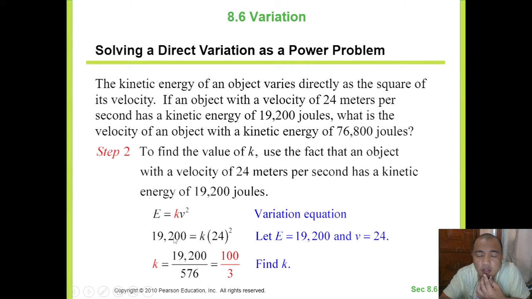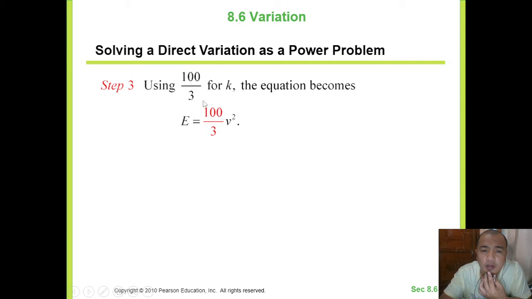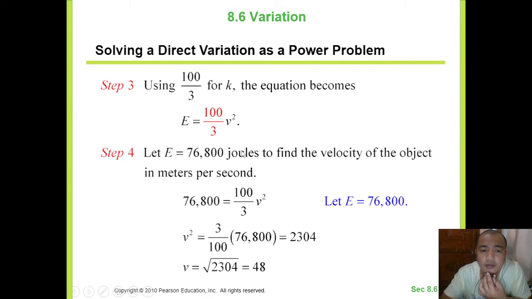Divide 19,200 by the square of 24, 576, which is equivalent to 100 over 3. So 100 over 3 is our constant of variation. And we can now substitute this k in the variation equation. E equals 100 thirds v squared.